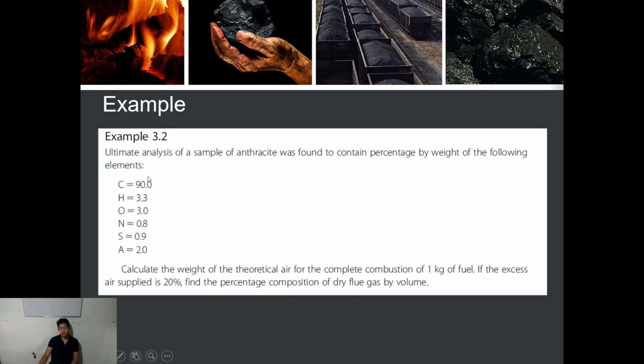Your carbon will produce carbon dioxide, hydrogen will produce water, and sulfur dioxide. So these are the three. Of course, N2 is included, plus N2. Then you get the total volume of flue gas, which is your divisor, so that you can get the percent composition.